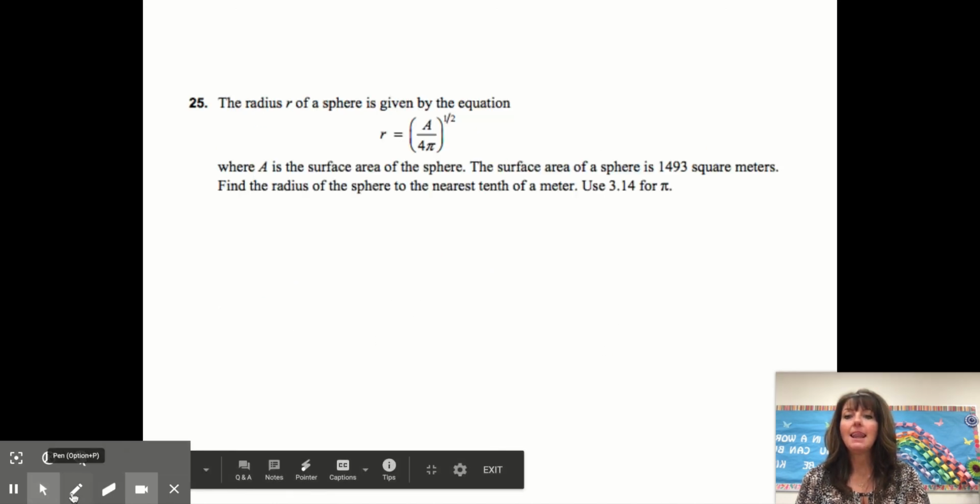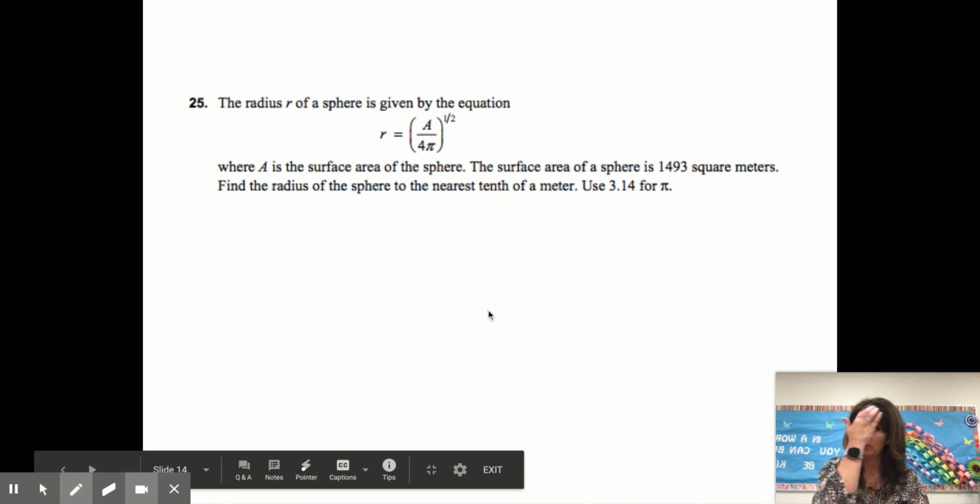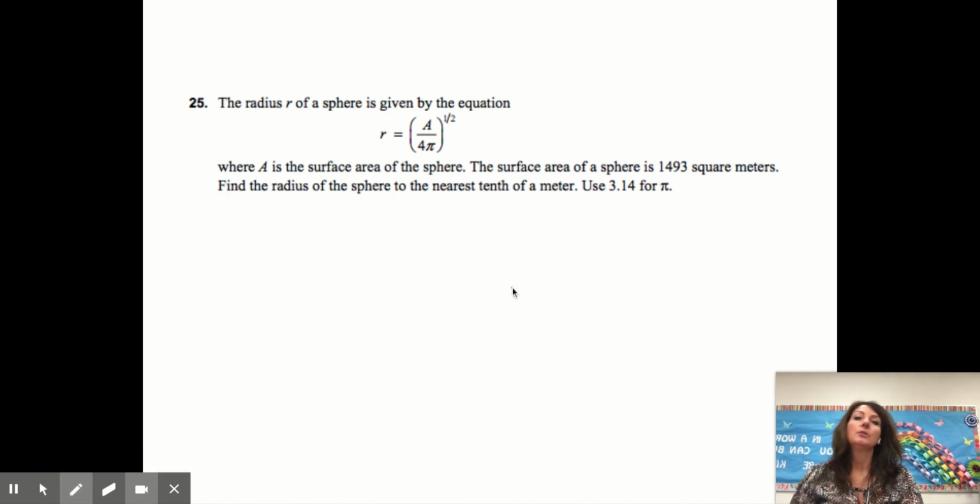Last problem, a real life application of when we use things like this. We have the radius of a sphere given by this equation. This means we're basically going to rewrite this. A is the surface area of the sphere, and the surface area is 1,493 square meters. We're going to find the radius of the sphere to the nearest tenth of a meter, and we're going to use 3.14 for pi.